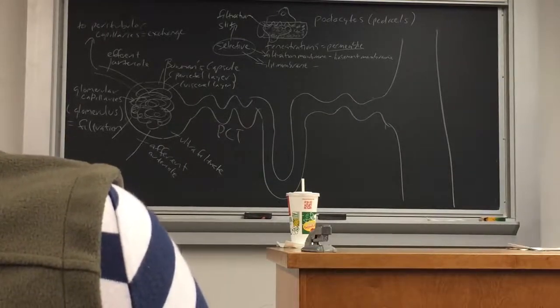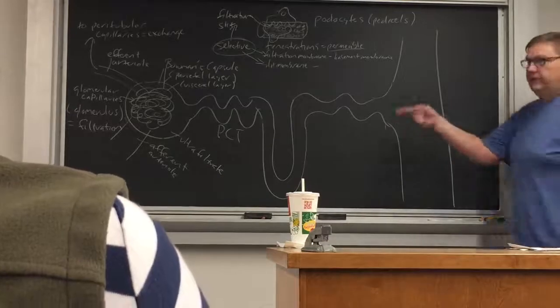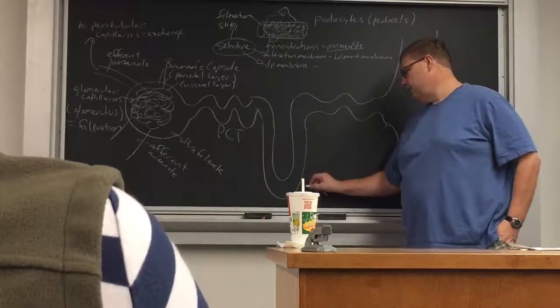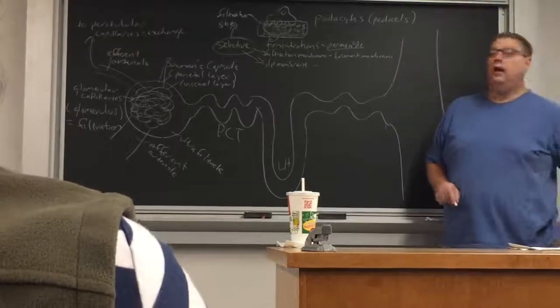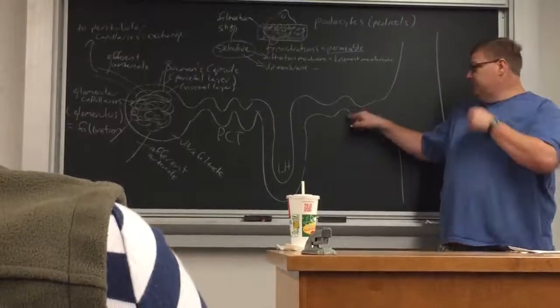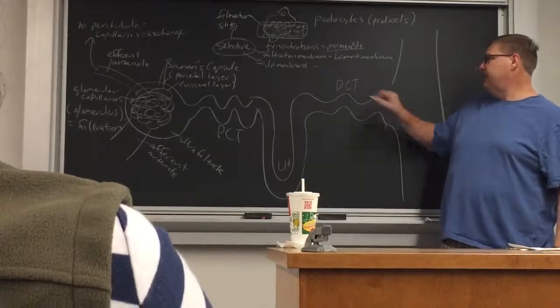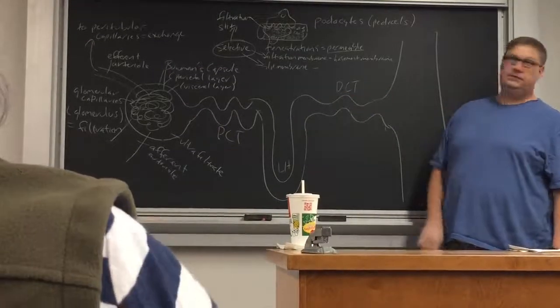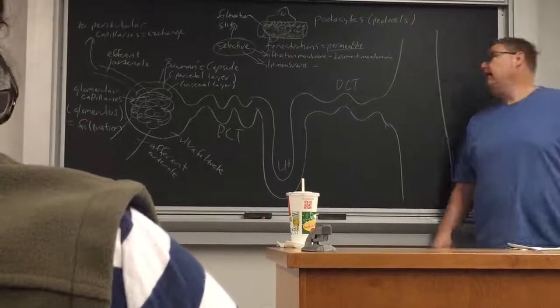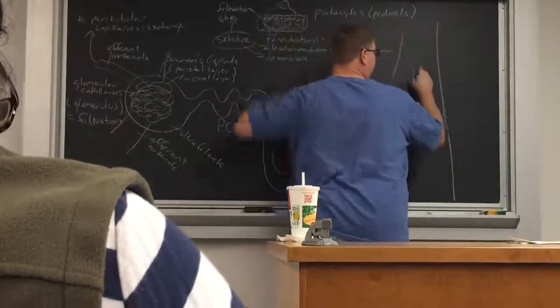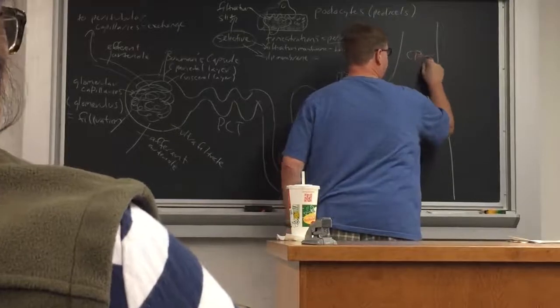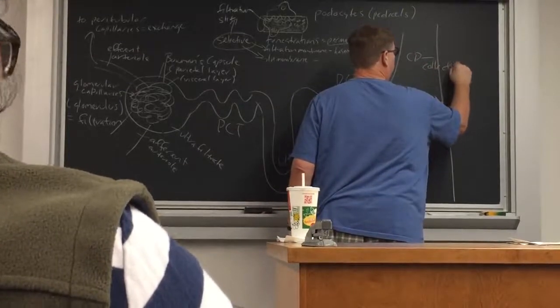So the one that looks like the hairpin turn, I'm just going to put LH in the middle. That's the loop of Henle. This structure right here is the DCT, distal convoluted tubule. And then this part right here is not on this list. This part is called the CD, which stands for collecting duct.